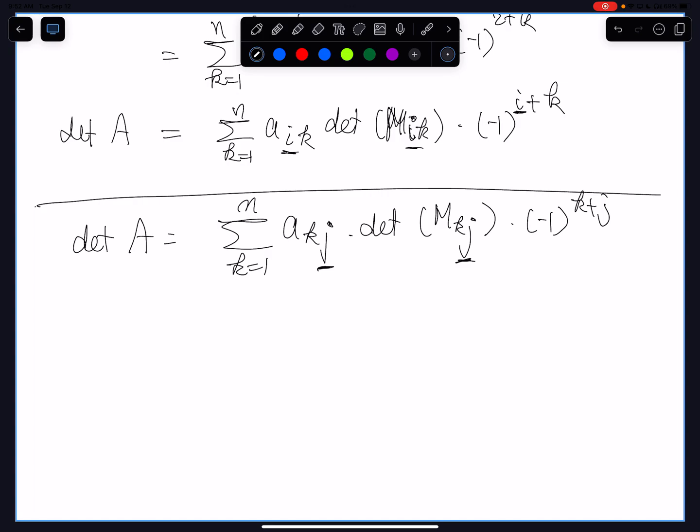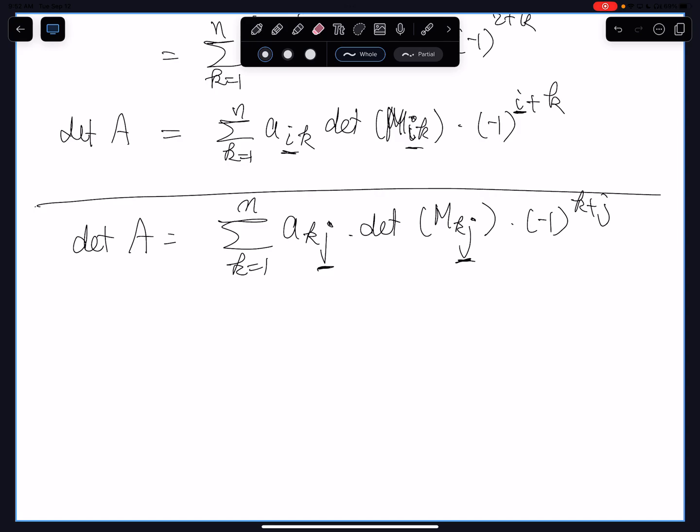So let's give you an example. Sorry, this is just a determinant, right? Now we're going to find out the inverse matrix.